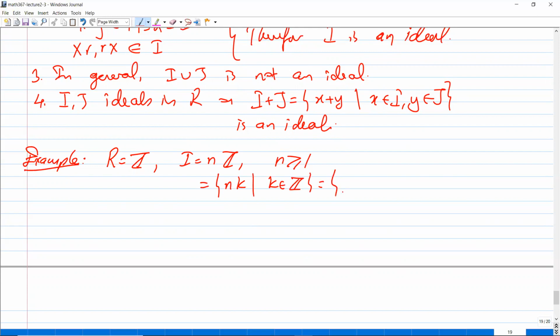So it consists of 0, plus minus n, plus minus 2n, plus minus 3n, etc. Let x and y be in I. This is not empty, of course. Also let r be in R, namely r is an integer.